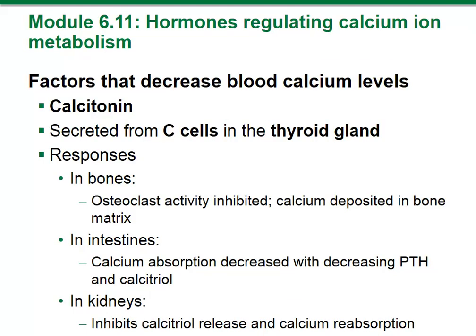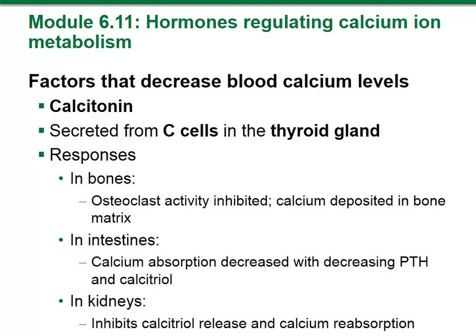Okay, now also though, sometimes we want the opposite, and that is to decrease your blood calcium. So now the other hormone involved is calcitonin. So calcitonin is secreted by the C cells in the thyroid gland. And parathyroid hormone is released by parathyroid gland, right? Calcitonin is released by thyroid gland. And the response in your bones is osteoclast activity is inhibited.